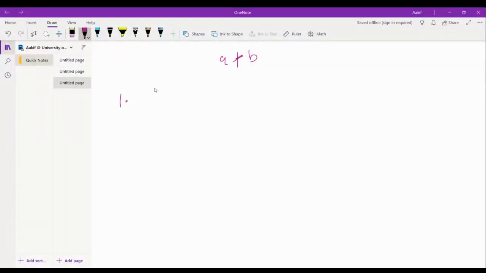In the first case, we are assuming we have three integers A, B, and C, and A is not equal to 0.